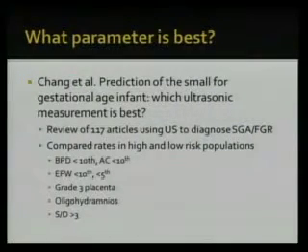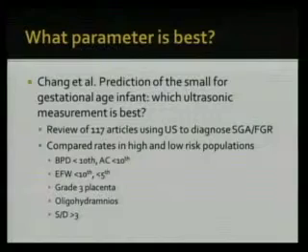Chang et al. looked at what parameter of the ultrasound might be best for looking at small for gestational age infants. He reviewed 117 articles that used ultrasound to diagnose small for gestational age and fetal growth restriction. These articles were published anywhere from 1977 to 1992.